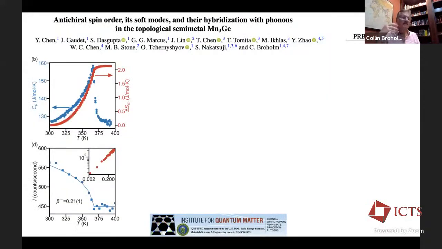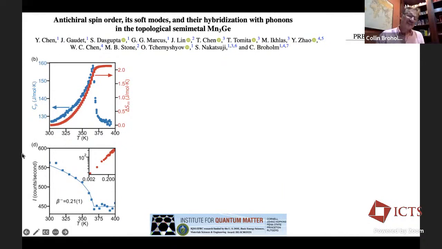So let's look at the underlying magnetic order in this compound, and I'll start off by looking at the manganese 3 germanium material. This material has a magnetic phase transition just above room temperature, approximately 370 K. And you can see here the specific heat, which looks a lot like a second order phase transition to us. And that's important because that allows us to use representation theory to analyze the character of the underlying antiferromagnetic order.